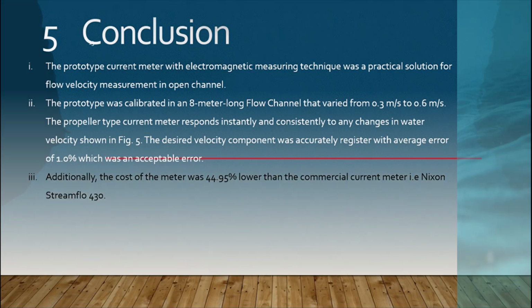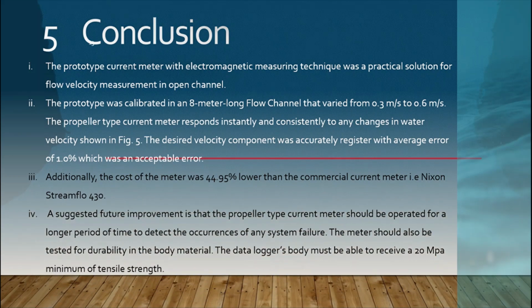Additionally, the cost of the meter was 44.95% lower than the commercial current meter, in this example the Nixon Streamflow 430. A suggested future improvement is that the propeller current meter should be operated for a longer period of time to detect the occurrence of any system failure.